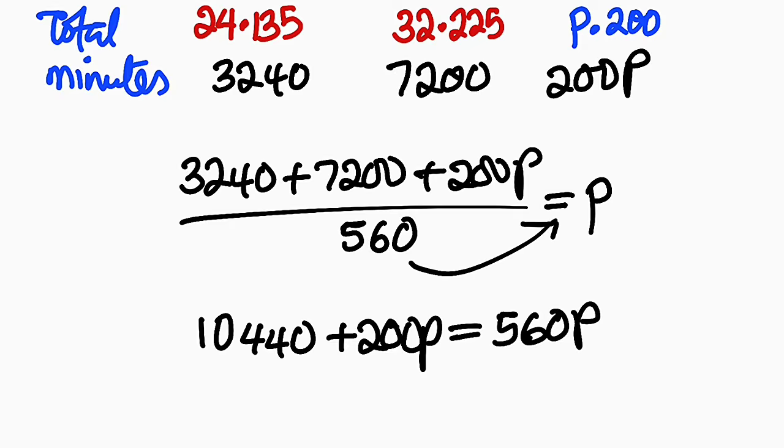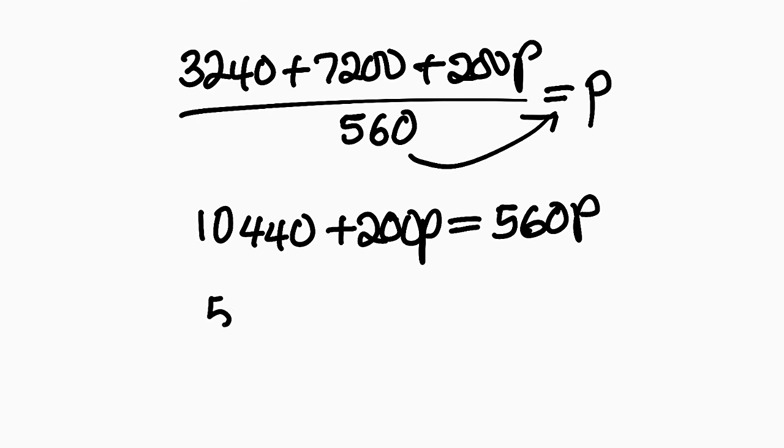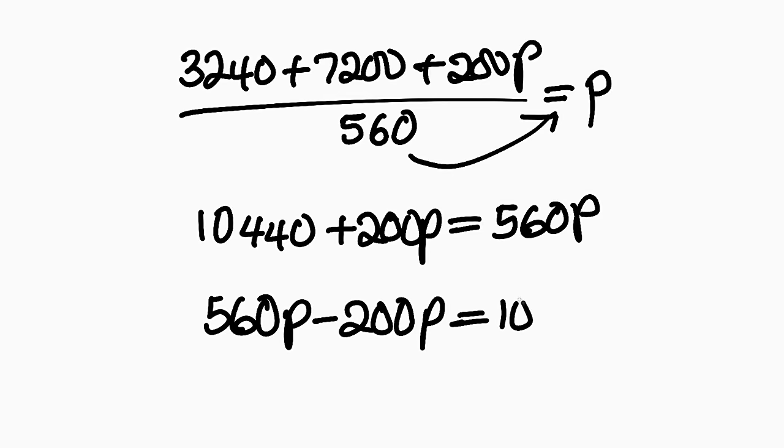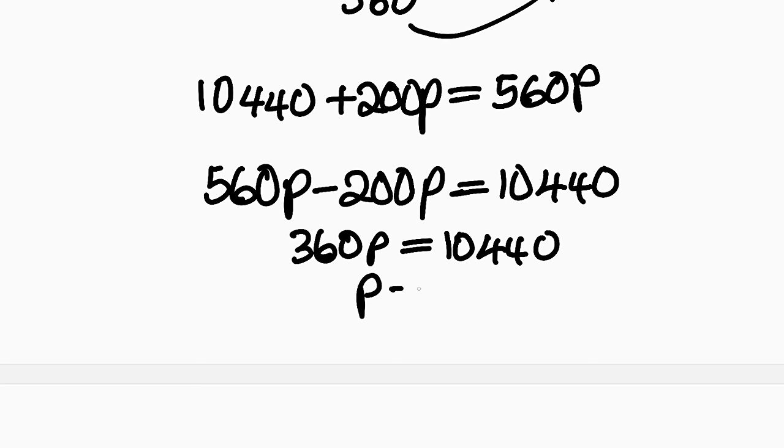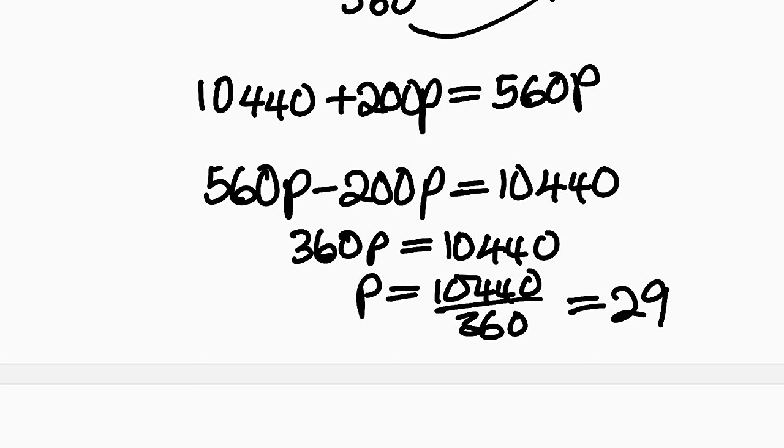All right. 560p minus 200p is equal to 10,440. And this is equal to 360p equal to 10,440. You divide both sides by the coefficient of p, 10,440 divided by 360. That will give us 29 exactly.